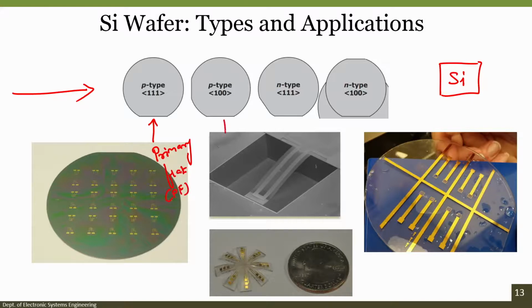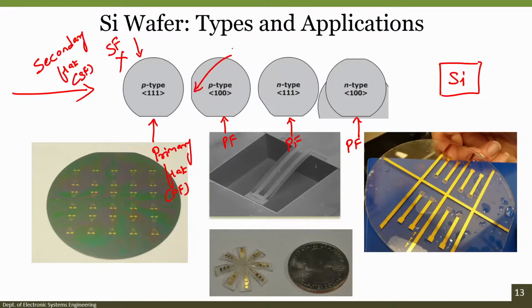This wafer also has primary flat, this wafer also, and the same with this wafer as well, right. Now, is there another flat in this wafer? No flat, right. If you have a secondary flat, let us call this SF. Does it have any SF? No. What about this wafer?